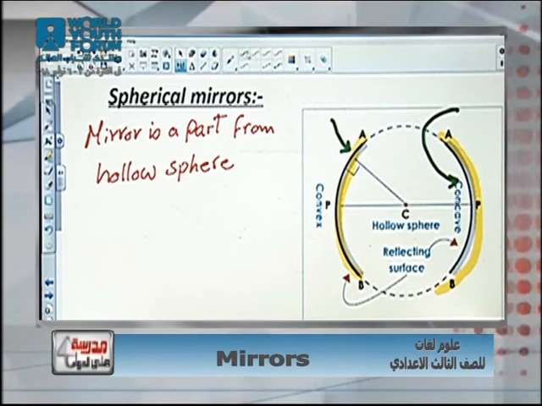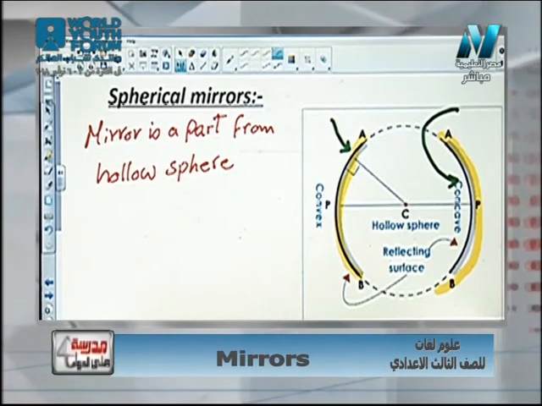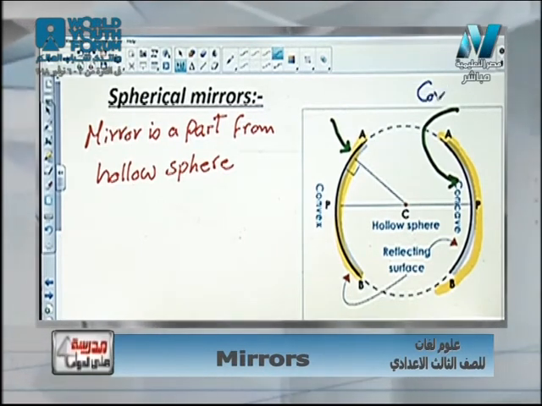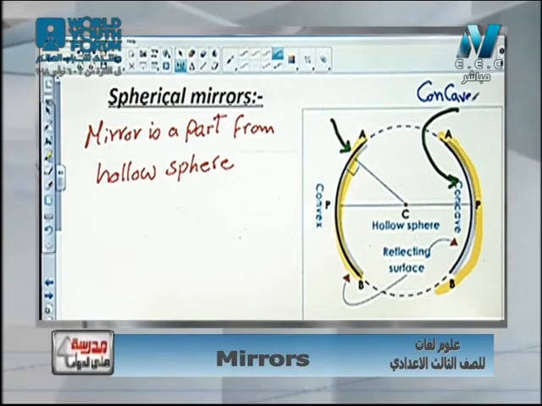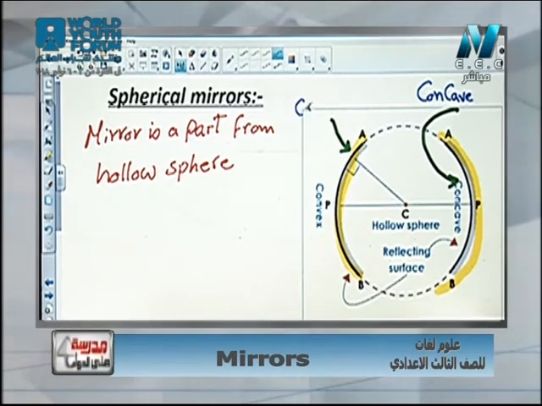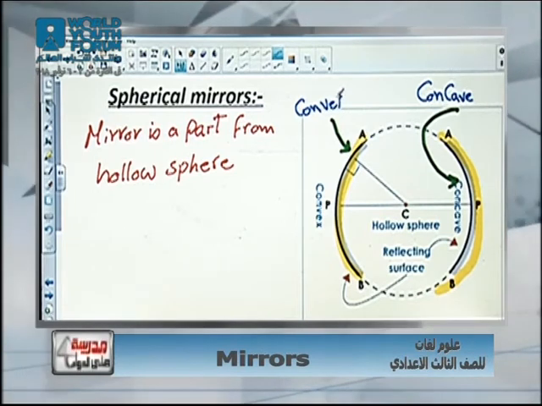So I will say we have here number one concave mirror, and here we have convex mirror.